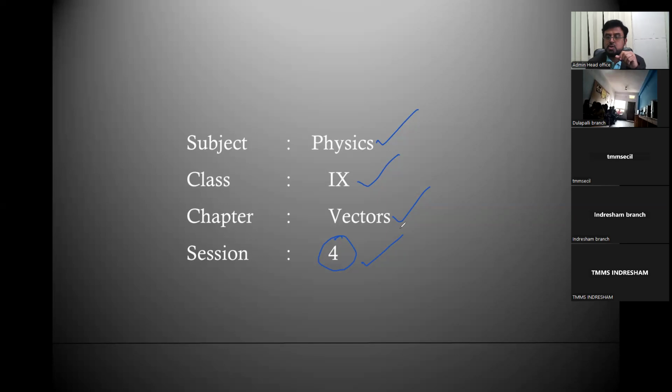And out of that, what is a vector? How many types of vectors are there? We learned under 2 synopses. These are the 2 important synopses we covered.